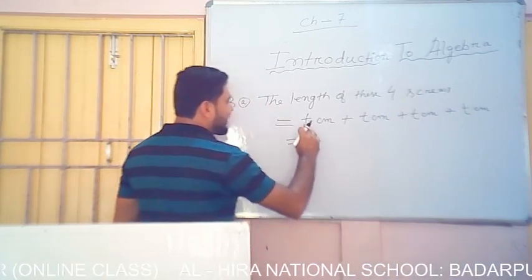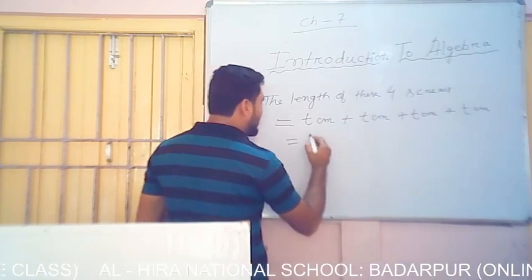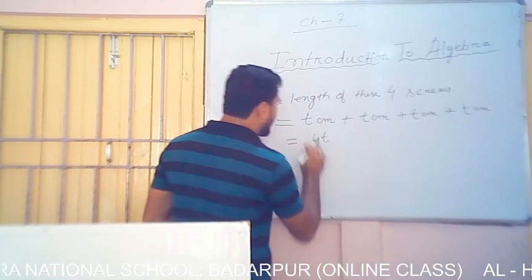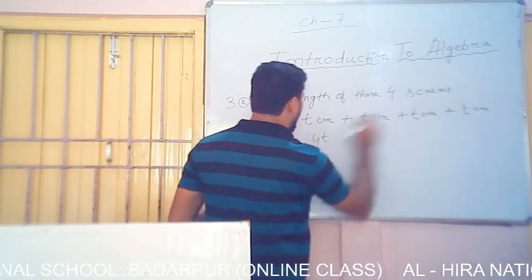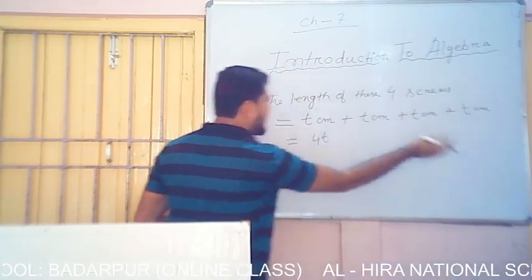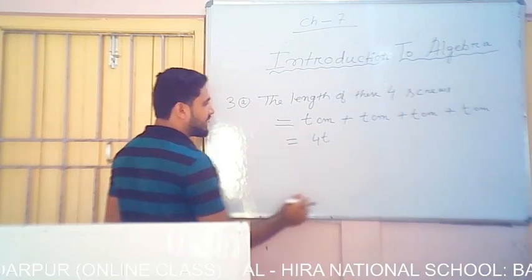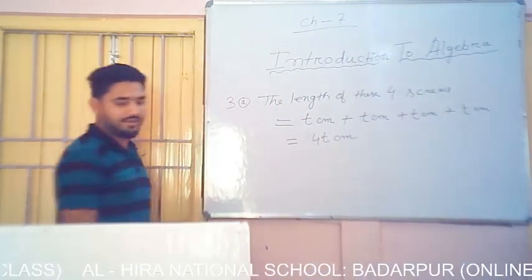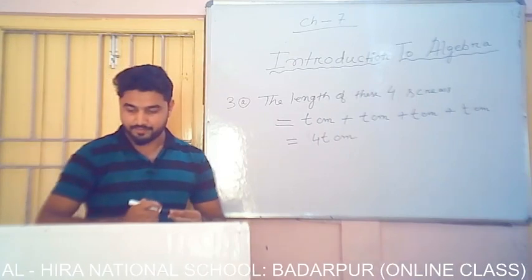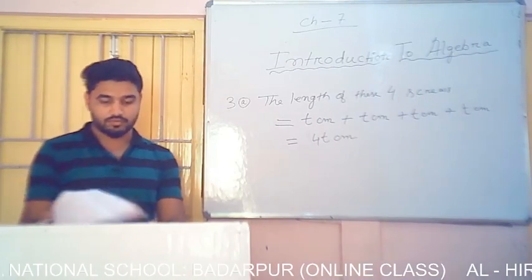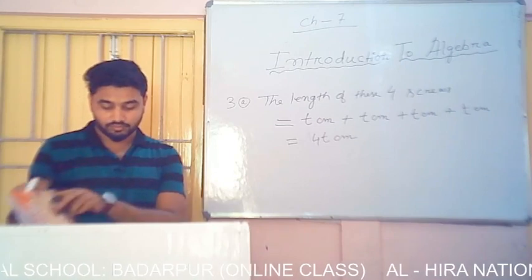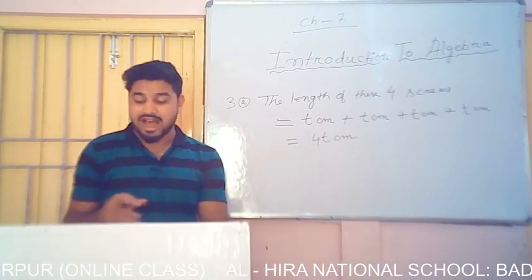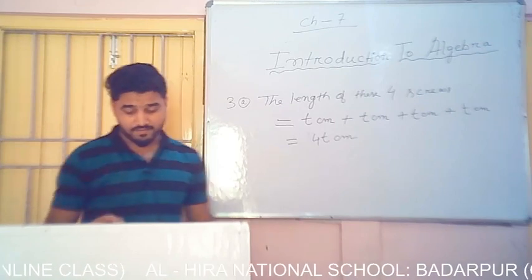So if I add 4 T's, T plus T plus T plus T, 1, 2, 3, 4, then it will come 4 T. Then 4 T centimeter. So that is your answer of question number 3A.